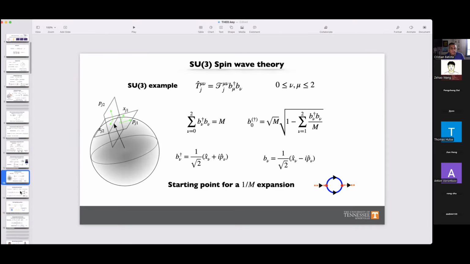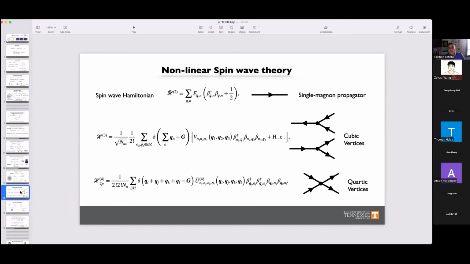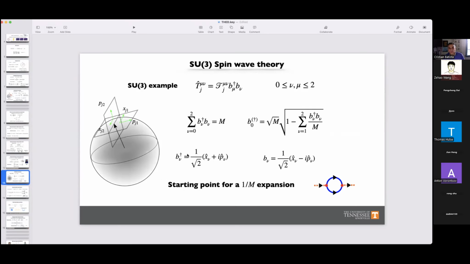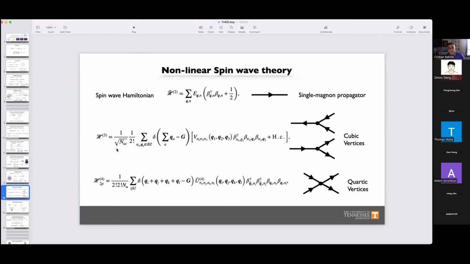So in general, if you look at the kind of Hamiltonians that you get when you bosonize the theory, you write the spin operators in terms of these bosons, and you end up with a Hamiltonian for bosons where you can diagonalize the quadratic part, which is like a generalized spin wave theory, where now we have 2 modes per spin.